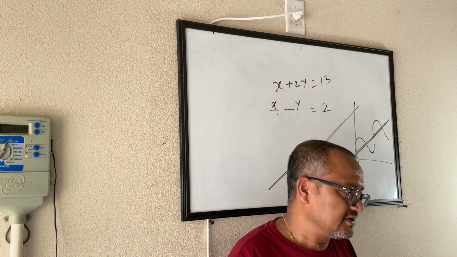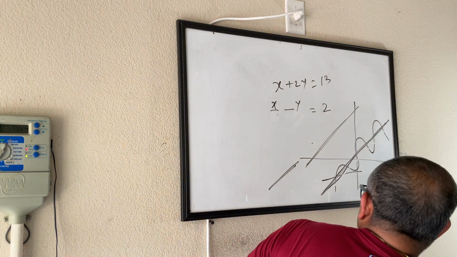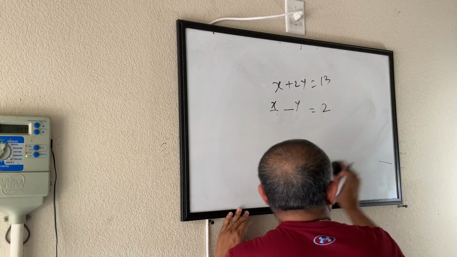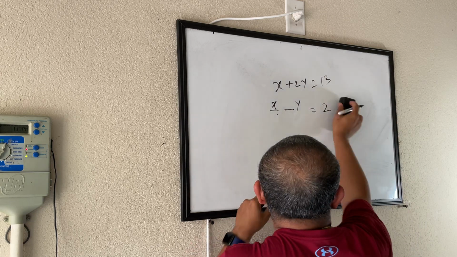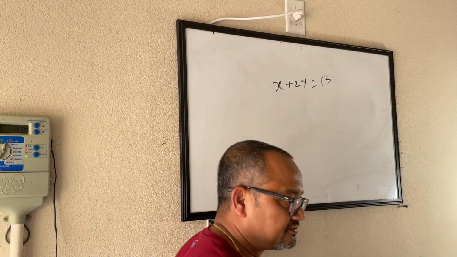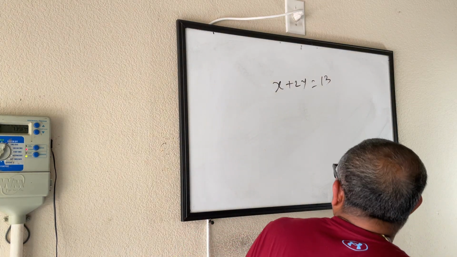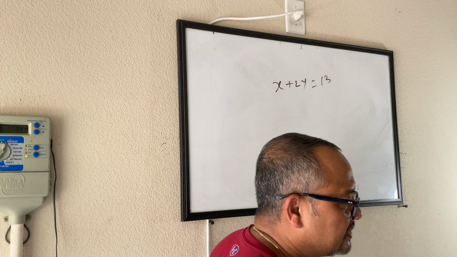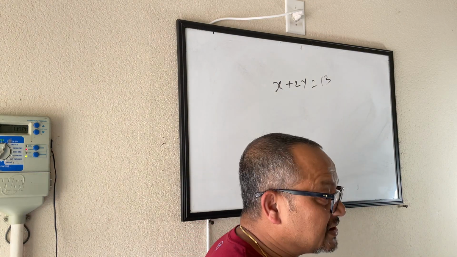Now, let's say I pick my favorite equation for the day, x plus 2y equal to 13. I want to find a likely equation that will not intersect this line.